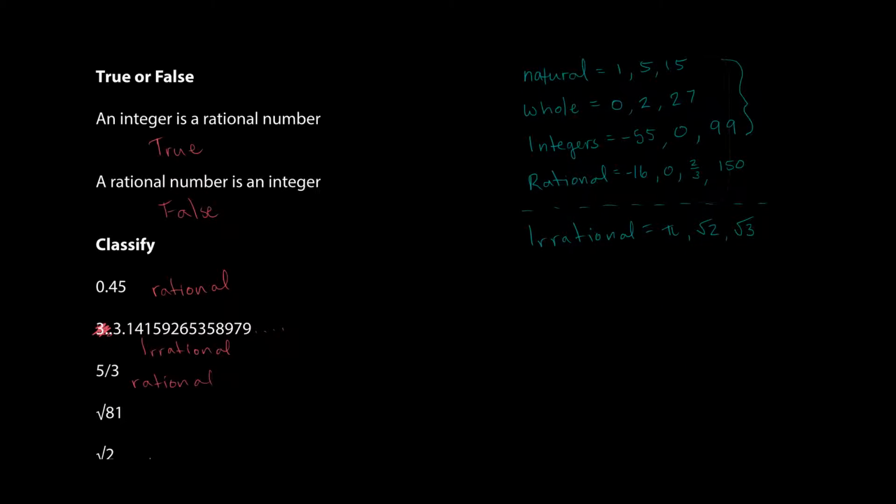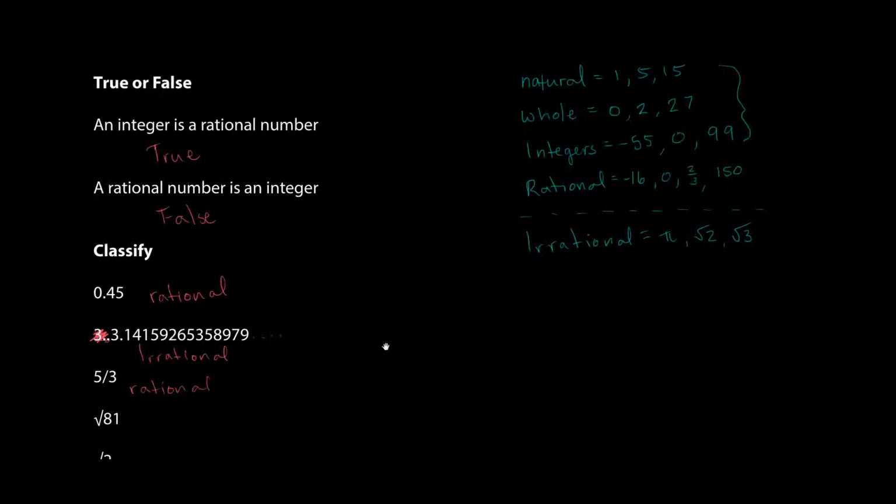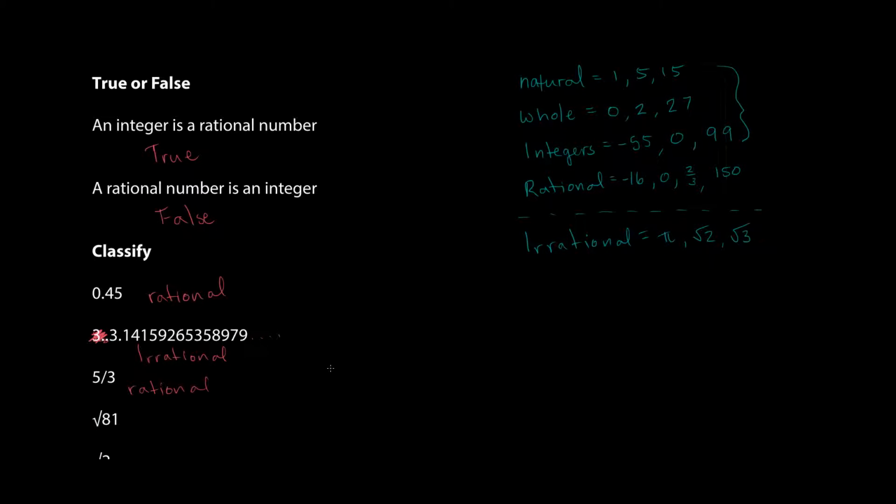Now we have square root of 81. Well, what is the square root of 81? That's just 9. So, is 9 a natural number? Well, is 9 a positive whole number? Yeah. So, it's natural. Is 9 a whole number, as in, is it either 0 or a non-decimal positive number?